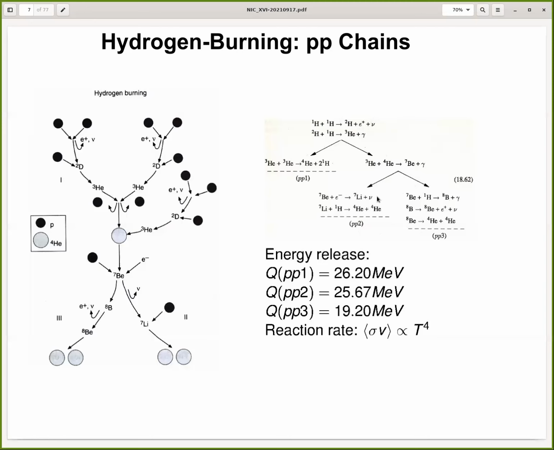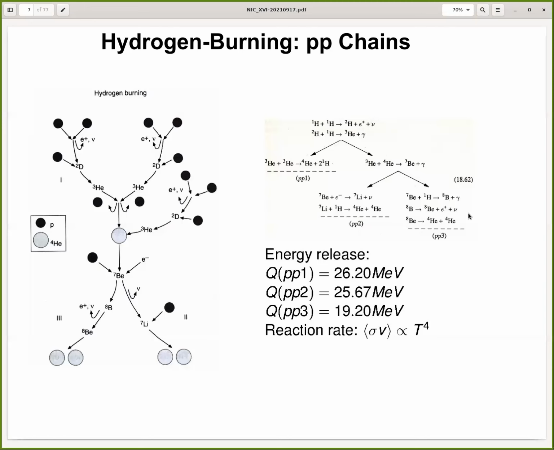They can travel through stellar matter for very long distances without any interaction, so they escape from where they're made. But the energy of the neutrinos that you make will vary. It will be different between this first reaction up here, and the second and the third reaction. So this is why you have different energies deposited in the star, because the neutrinos carry away different amounts of energy in these different reactions. So this is what causes this difference.